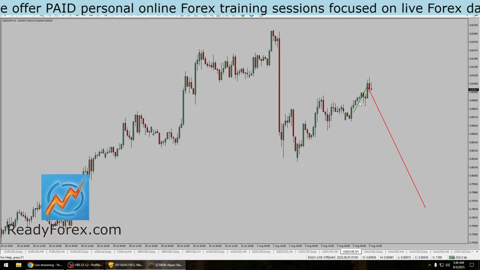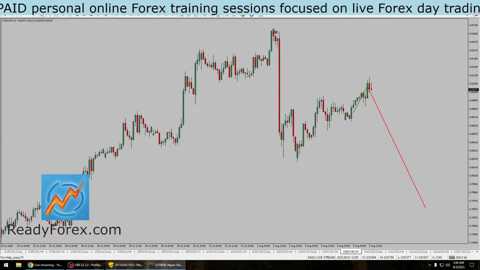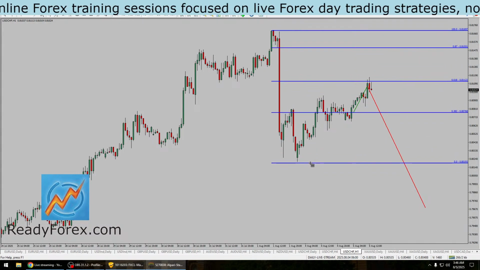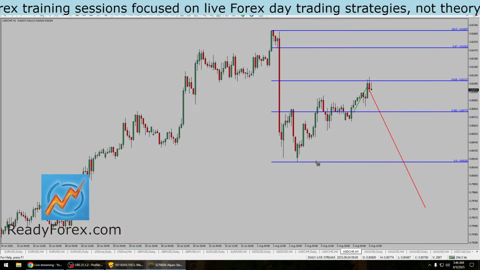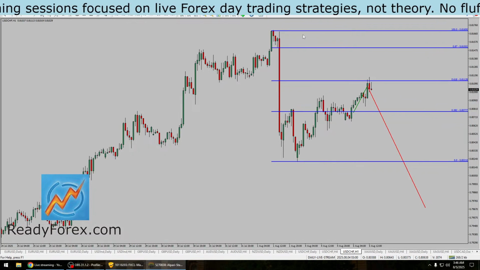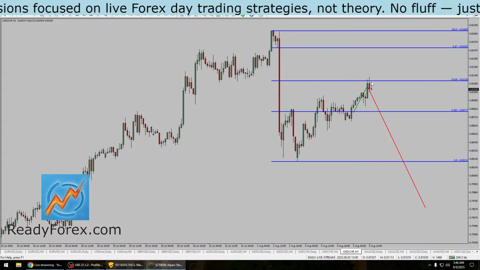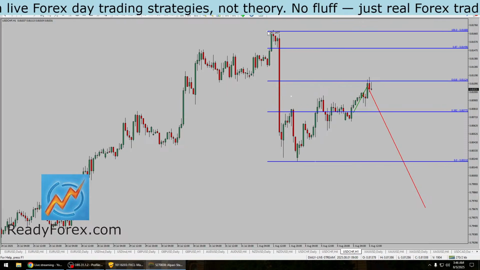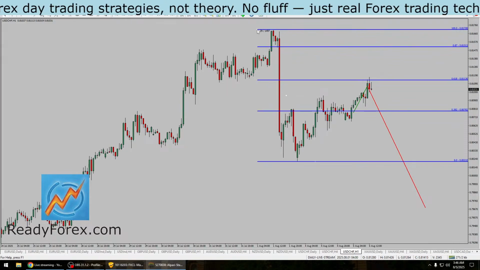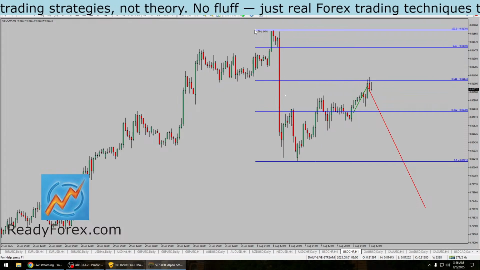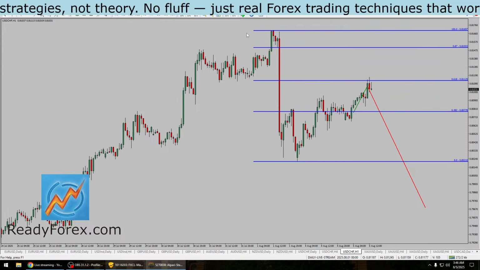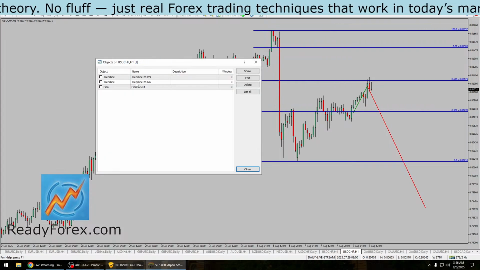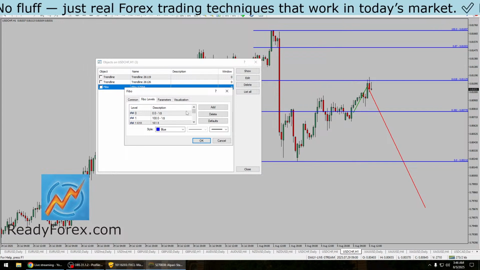USD Swiss franc, so we got the pullback. Let us take a look at a Fibonacci retracement level and see what's going on. Okay, it seems to me we got an exact hit at the 0.618 Fibonacci retracement level over here. I'm going to remove the rest of the other levels.